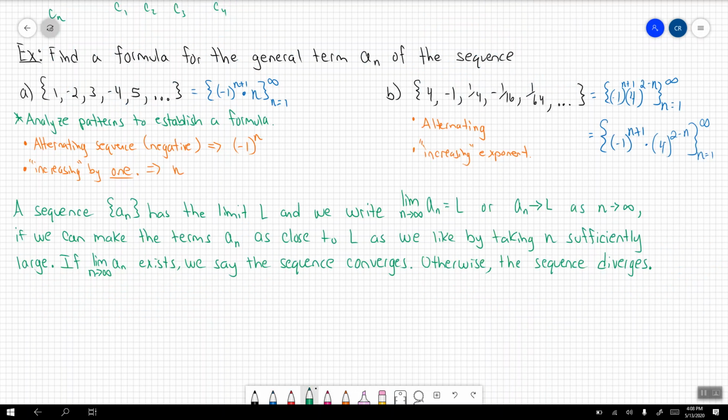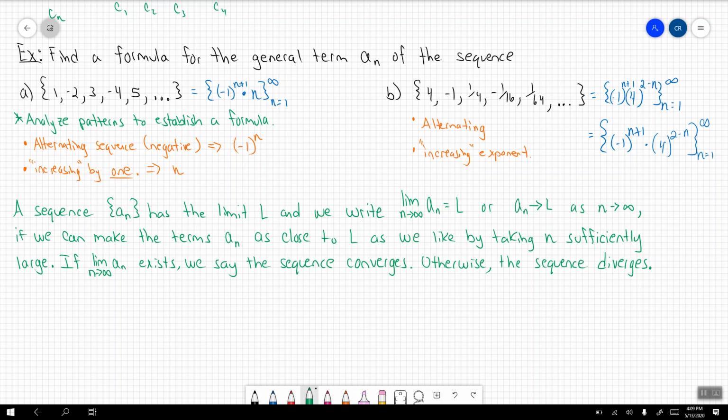All right, so here's going to be the definition that we're going to be looking at. It says that a sequence, a sub n, has the limit L, and we can write that the limit as n approaches infinity for the sequence a sub n is equal to L, or a sub n approaches L as n goes towards infinity, if we can make the terms a sub n as close to L, in other words that limit, as we'd like, by taking n sufficiently large.